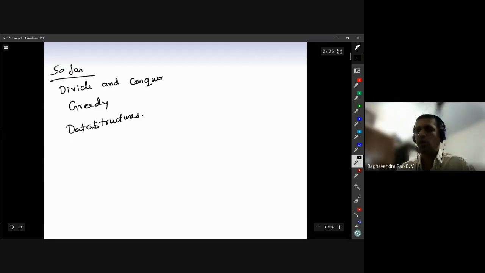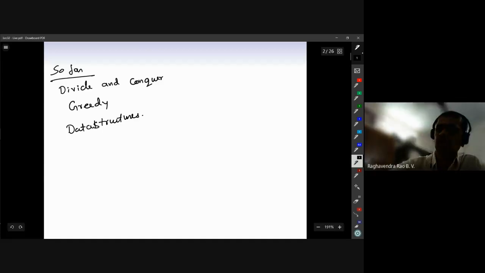Both divide and conquer and what we are going to see, dynamic programming, have similar features, in the sense that you obtain sub-instances.